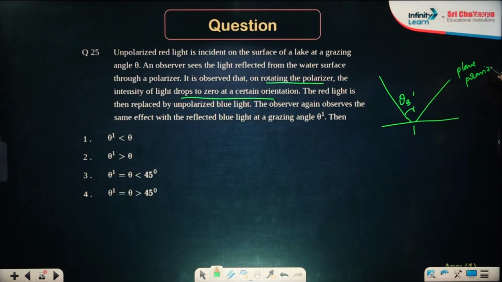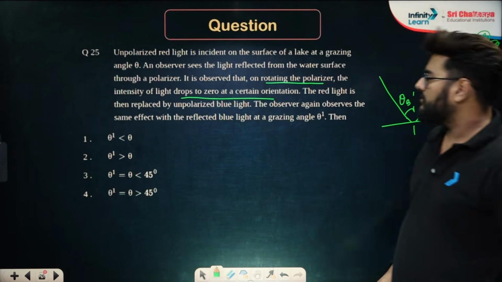Let's say it is plane polarized in this direction. If you take a Polaroid with the transmission axis like this, you will be able to observe it. But if you take the Polaroid whose transmission axis is perpendicular to this, the intensity will become 0.